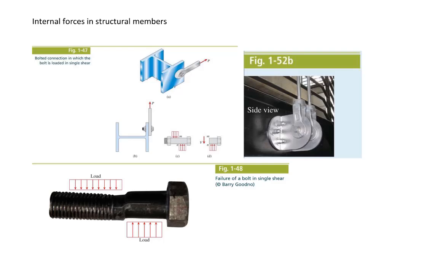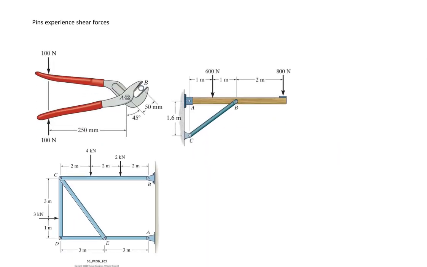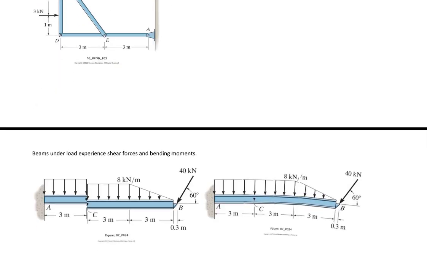And so we do see bolt or screw or pin situations all the time, where you have a pair of pliers or maybe you have a beam here, and all three of those pins might have some significant shear forces to be analyzed, and also beams.